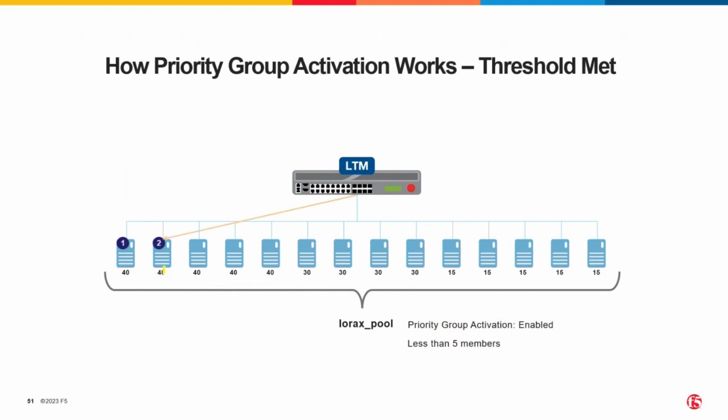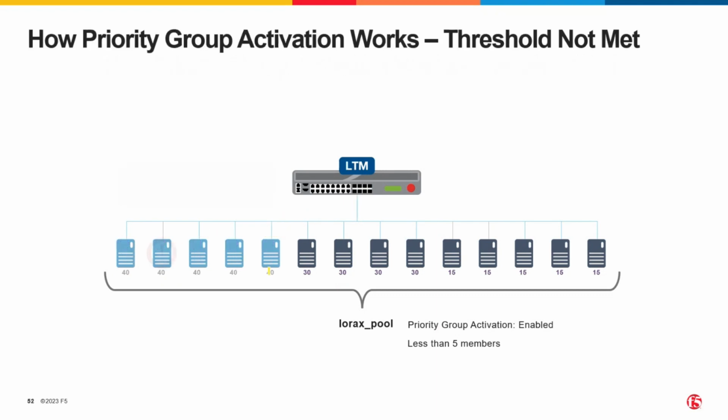So it looks more or less like this. By default, everything is fine, and I'm sending the traffic only to those servers. If one or more of them is dead, unavailable or disabled, and there are less than 5 available members, I activate all the members from the lower group, which is why it's called priority group activation.